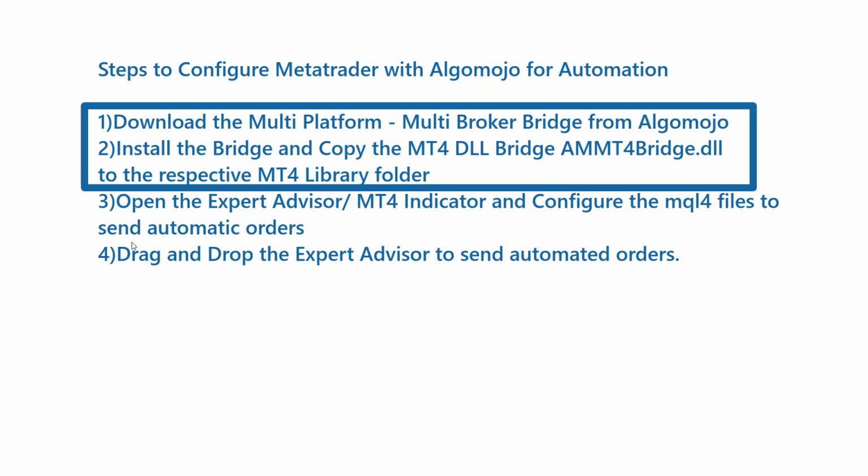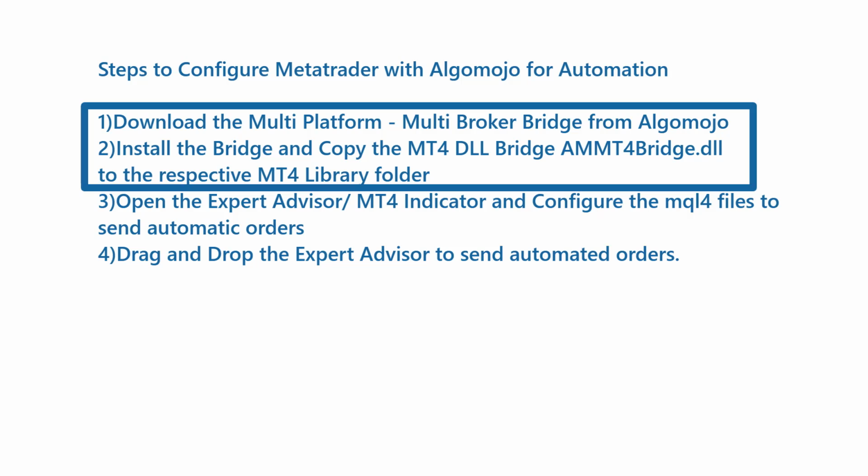Now the next step is configuring the expert advisor. This is where a little bit of coding comes in. You have to add the Algomojo coding functions to send orders from a Metatrader 4 indicator or Metatrader expert advisor to the Algomojo platform. Let me tell you how to connect it. I'm going to take a sample Metatrader expert advisor here, so let me go back to the Metatrader advisor.